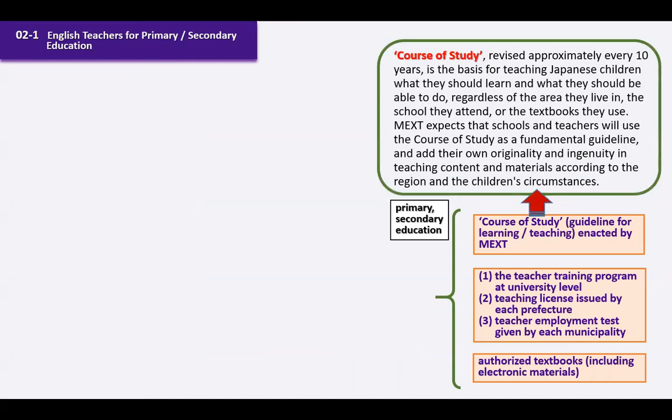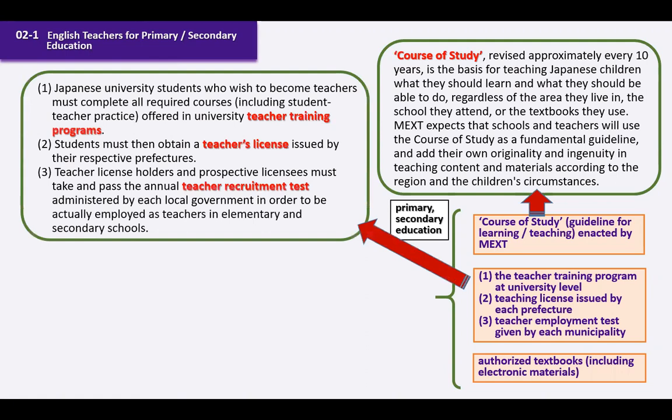The course of study is an official guideline for education. Various innovations are made to daily education following this guideline. To become a teacher of primary and secondary education, a teacher's license is required.